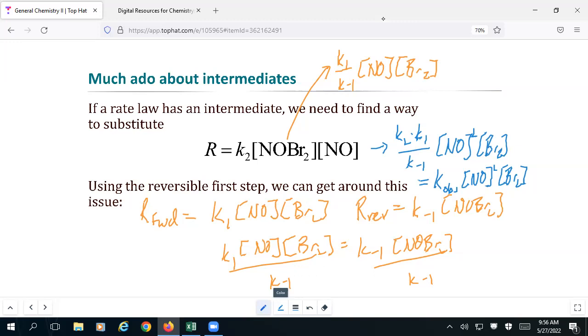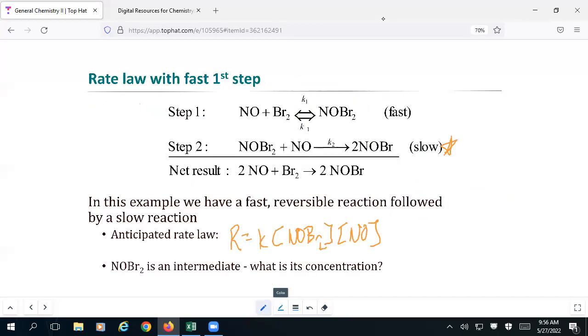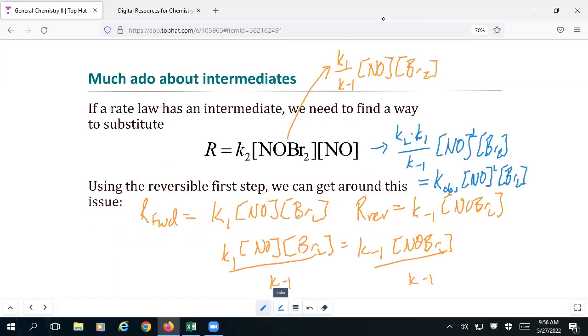So this mechanism that was proposed gets us around that particular issue. It gives us a way to explain how we get to that rate law without completely busting up our rational logic associated with this process.